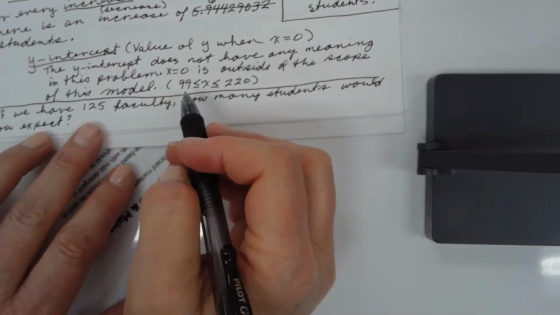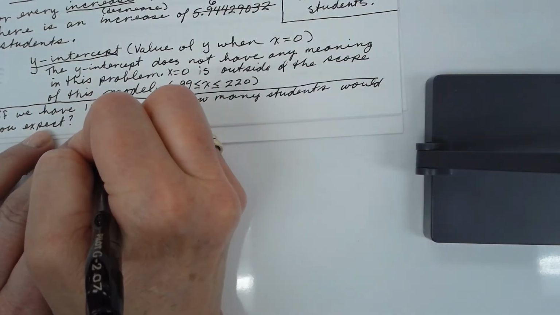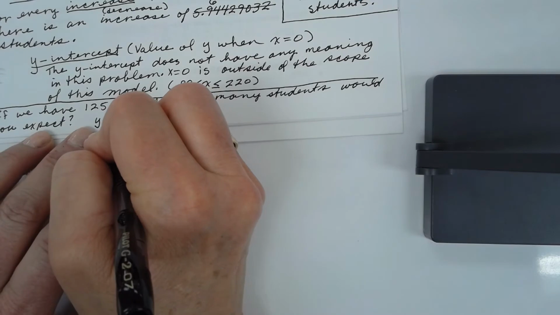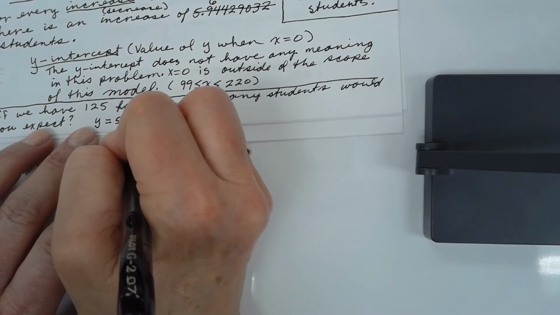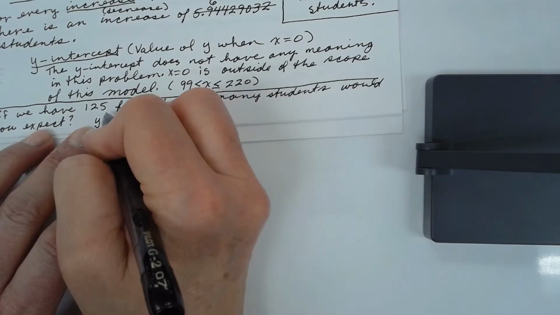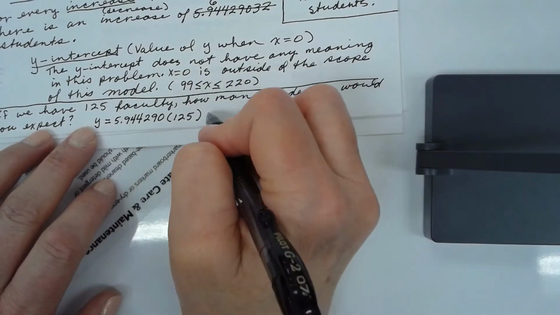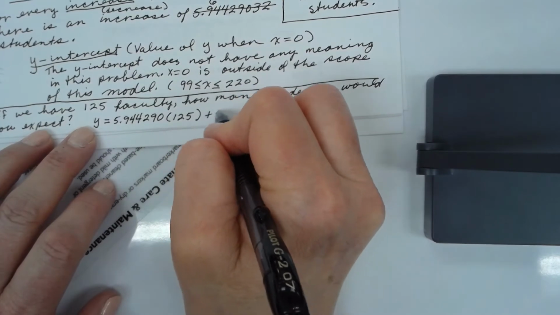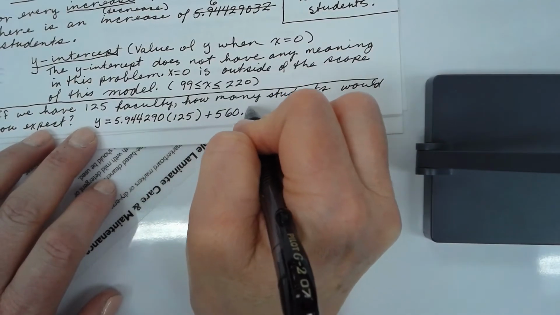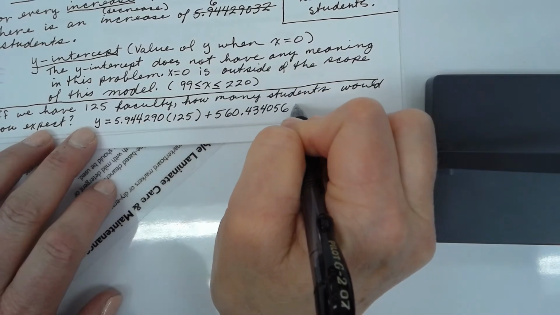Okay, so use that formula. So y, the number of students, equals 5.944290 times 125 for x, 125 faculty, plus 560.434056.